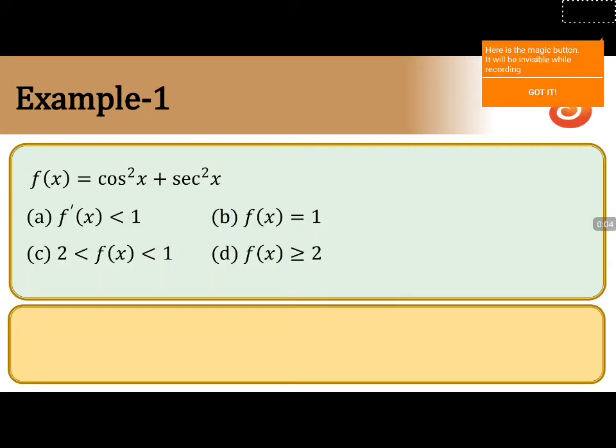In this example, I will go for a definition called arithmetic mean. If A, B are two numbers, (A plus B) by 2 is called arithmetic mean.